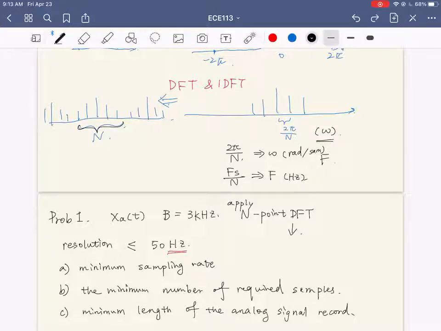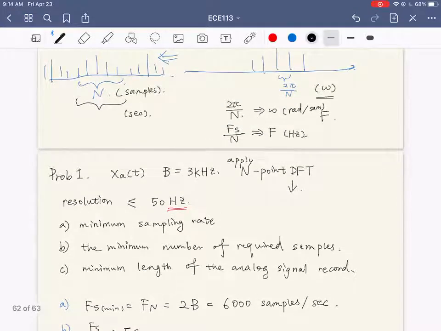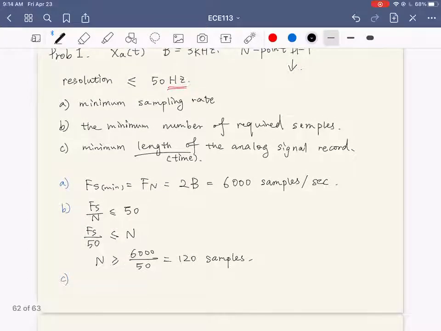And if we also know the interval between each sample, we can get the length in the unit of time, which is basically seconds, right? So you can say that the unit of N is just samples, and we want to know how many seconds a sample takes, and then we can convert it into the minimum length. So it is basically time. I guess some of you have already figured it out.